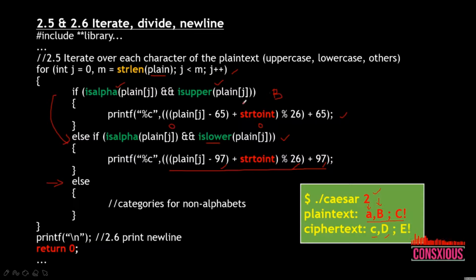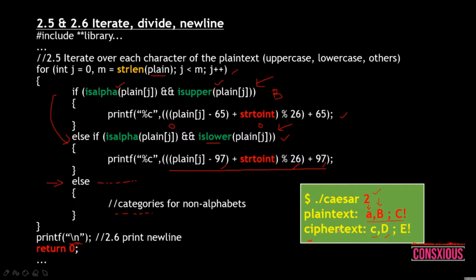I will provide the conditions here for the uppercase and the lowercase. So we have to see if there is anything we need to put here or not. You have to do it yourself here. I think it's quite clear from here. Okay, after this formula, we have to print a new line here. That's how we do this.